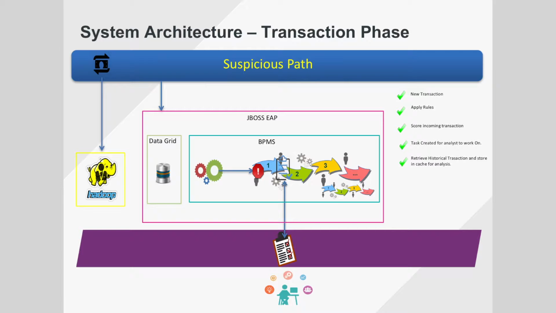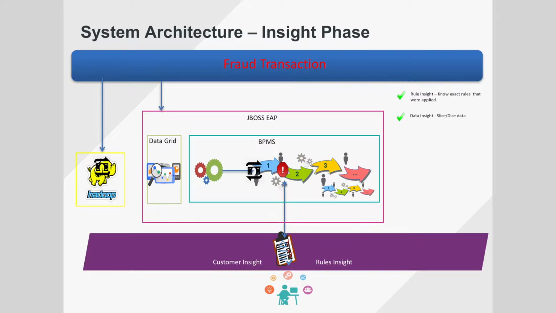We're also going to expose our execution history. Anurag alluded to this earlier. We're actually keeping an agenda logger and a log of all the rules that have fired against this particular transaction, so we know exactly what's wrong with it. And we're able to expose that through the UI. Give all of this insight to our analyst and enable them to make a highly informed decision.